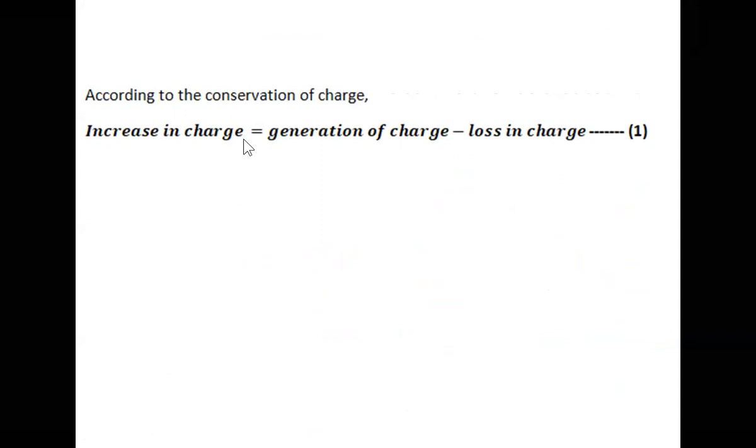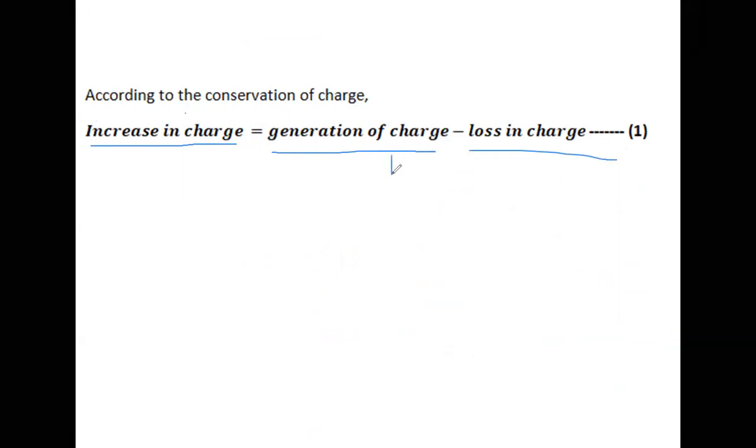That means the amount of charge that is increased is nothing but how much charge is generated within this block, that is called generation of charge, minus how much charge is lost.